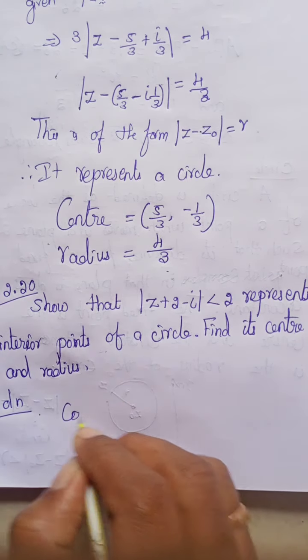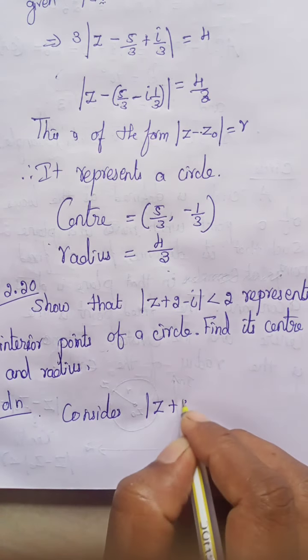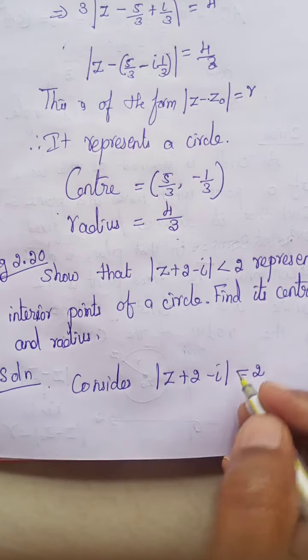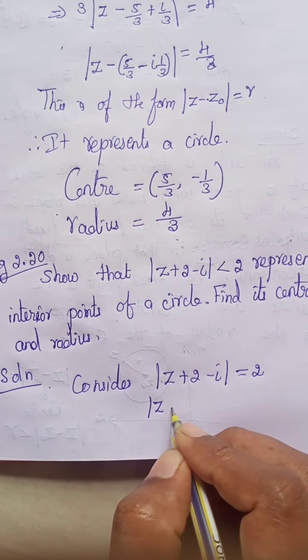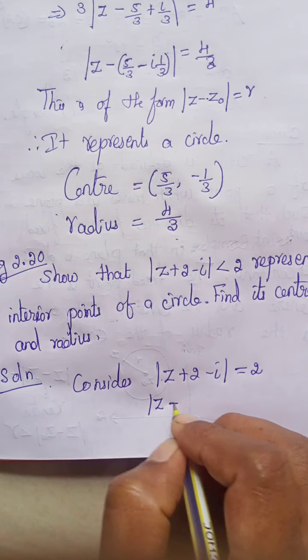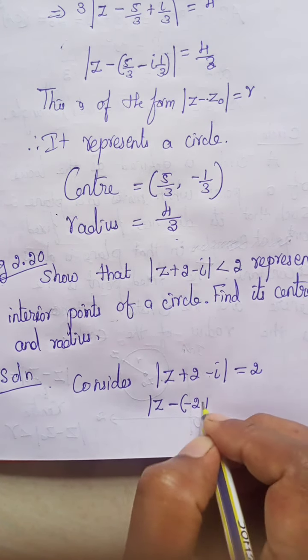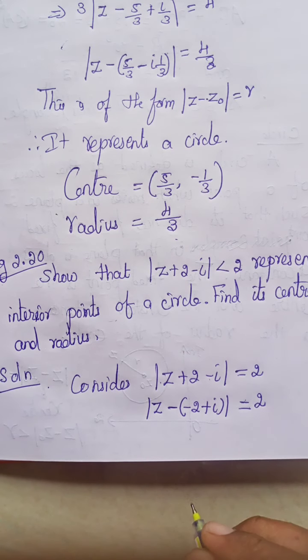See, for that I am going to consider modulus z plus 2 minus i equal to 2. So this is z, coefficient of z is 1. Actually for a circle, z minus z0. So I am taking minus outside. So this plus 2 will become minus 2, minus i will become plus i is equal to 2.